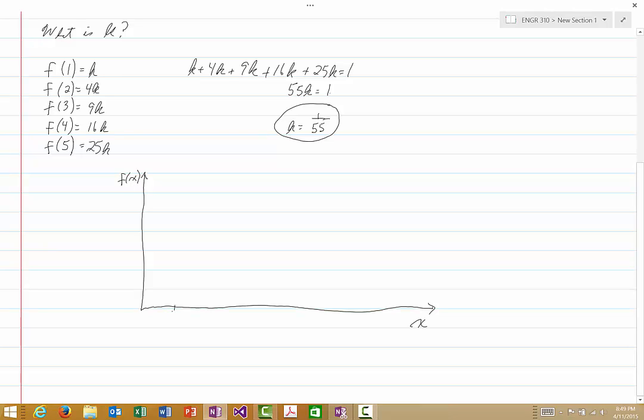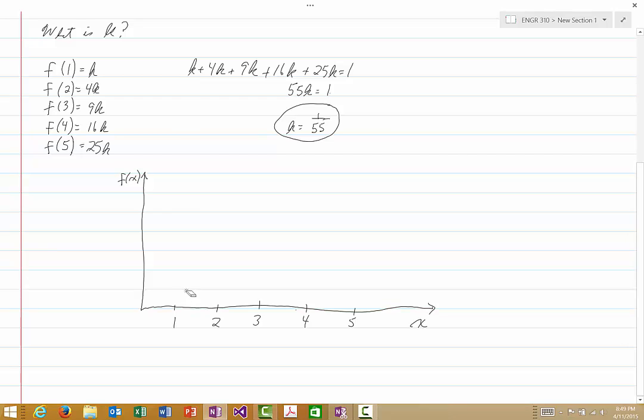And so if we mark on this horizontal axis 1, 2, 3, 4, and 5, then we could say, okay, for 1 it's equal to k, and of course this is not going to be to scale.